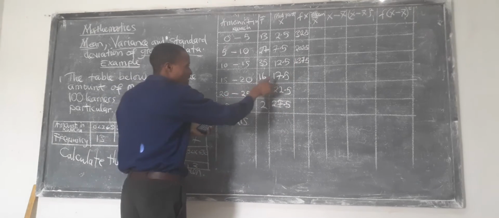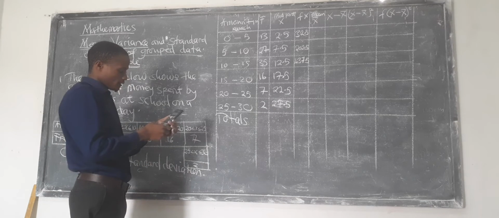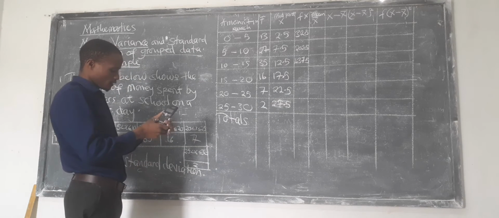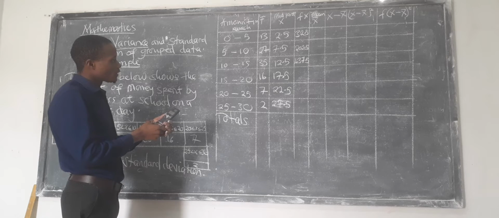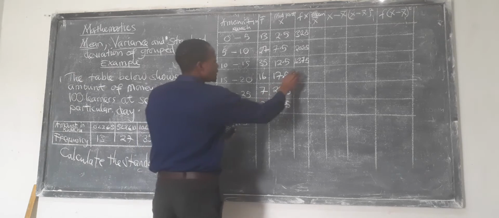Next, we have 16 times 17.5, sorry, 17.5. So we have 280.